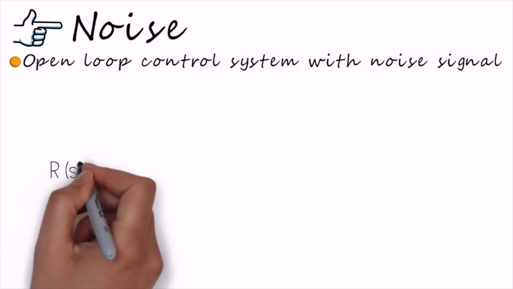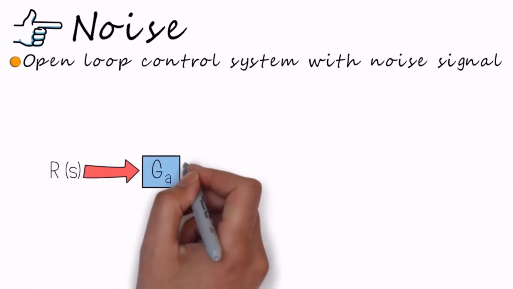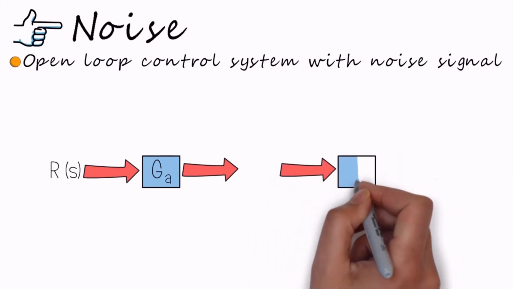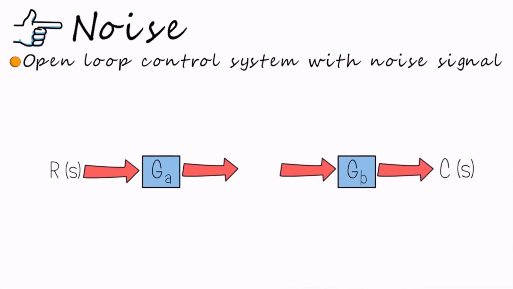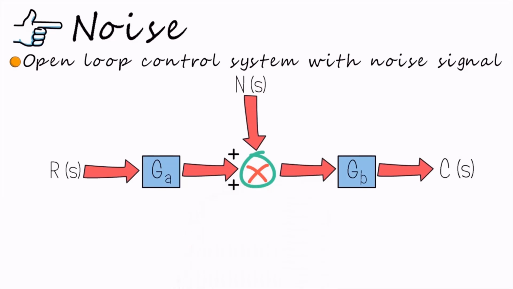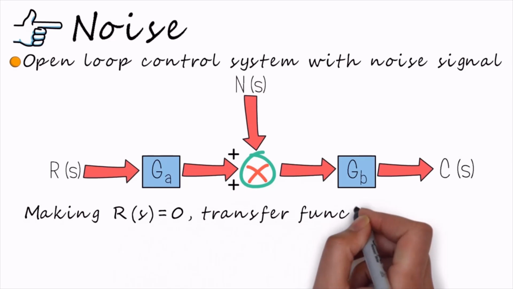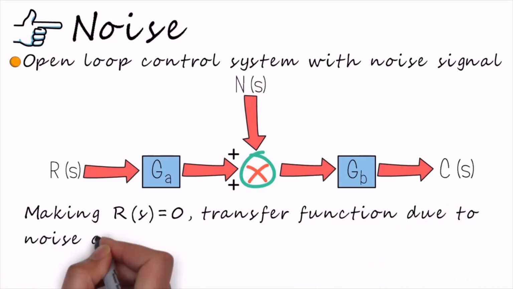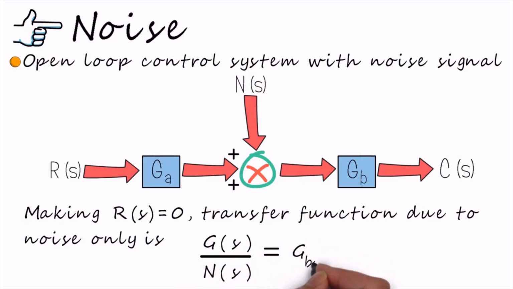Here R(s) is the input, this is gain GA, this is GB, and let C(s) be the output, and N(s) is the noise signal introduced in the system. Now by making the input R(s) equal to 0, we obtain the open loop transfer function due to noise signal alone as only GB.